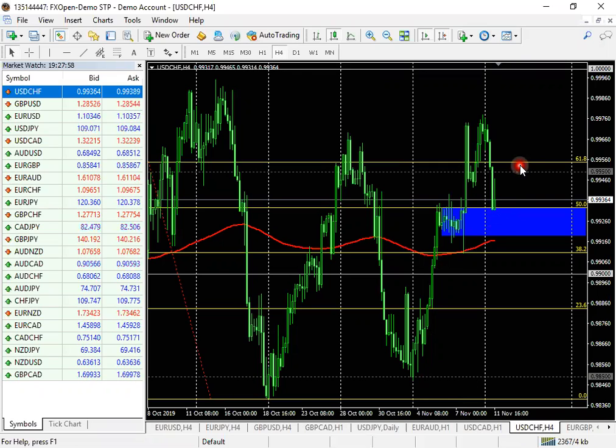As you know, in most cases, when the Euro USD is dropping, the USD CHF will rise, so they have that correlation between themselves. But let's see how the market behaves. If you get that rejection candle on the moving average in this area, then certainly we'll be looking at high opportunities to the upper highs.